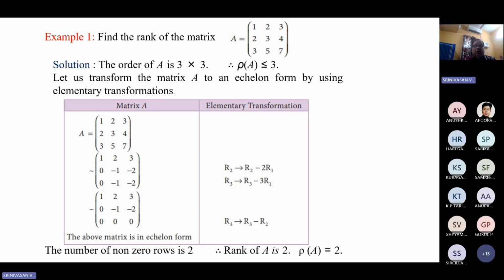You have to do elementary row operations on the elements of the second row with those of the first row, because the first row is fixed. How will you get 0 here? 2 minus 2 into 1.